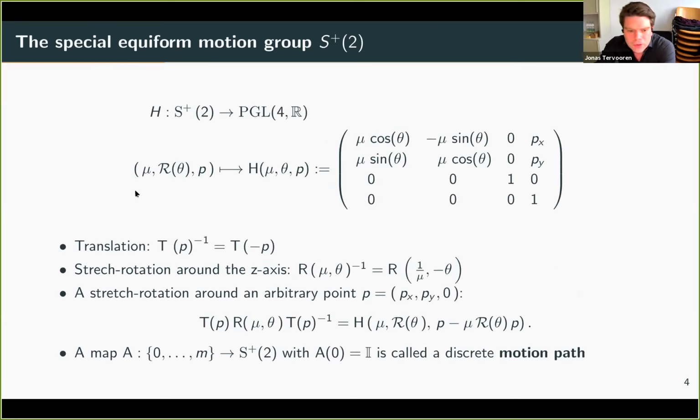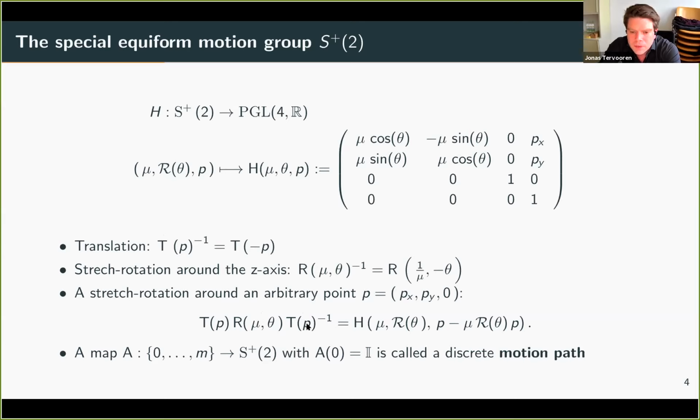Just to go further with some more notation, if we just consider a translation, we will denote it with T. If we have a stretch rotation around the Z-axis, it will be denoted by R, with stretching factor mu and angle of rotation theta. Since we want to perform the rotation of the plane around the prism, we need to stretch rotate around points other than just the origin, and this can be obtained by the following concatenation of maps.